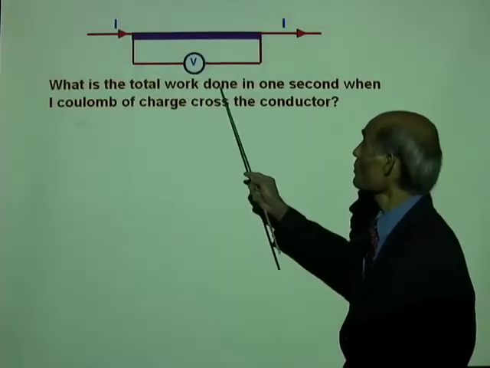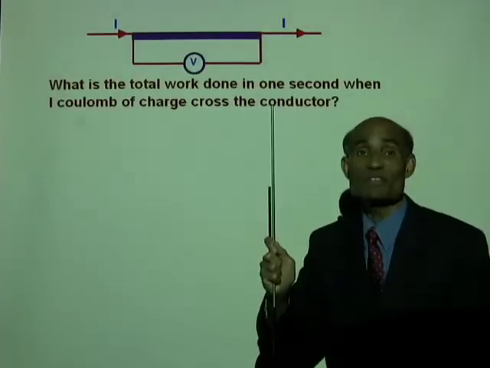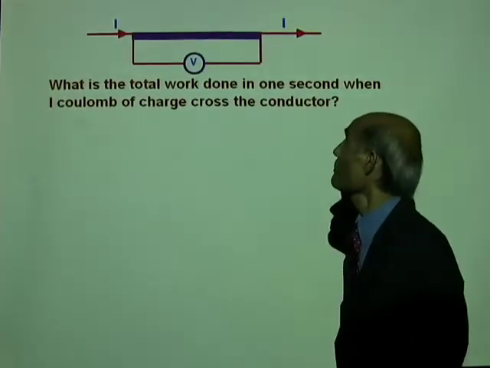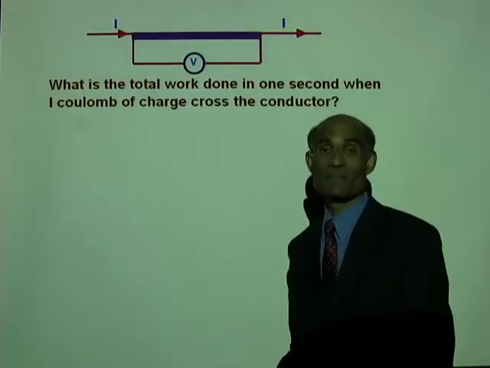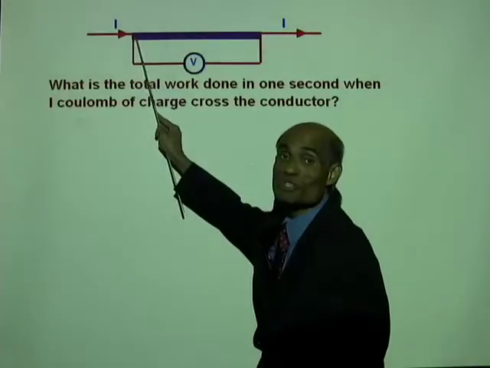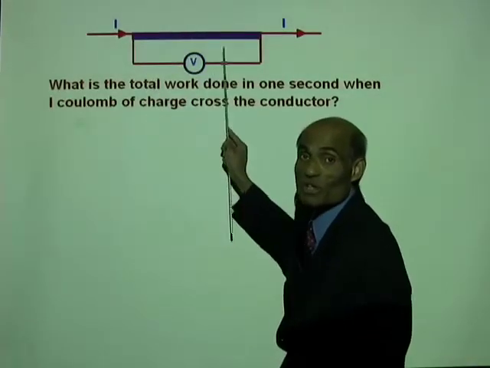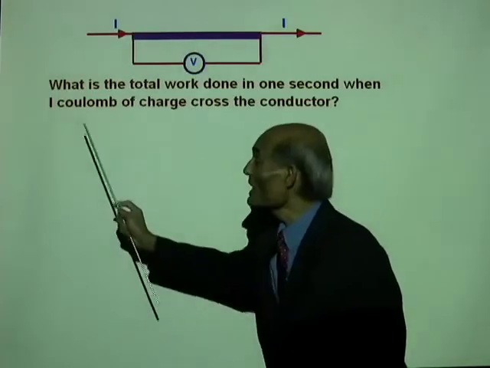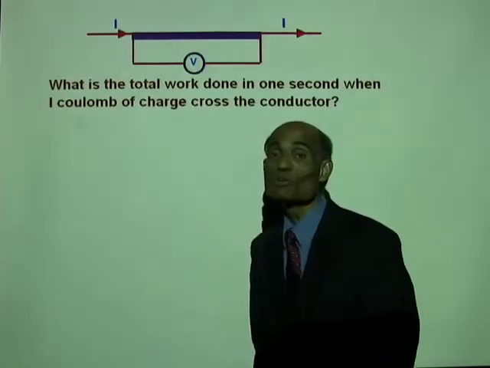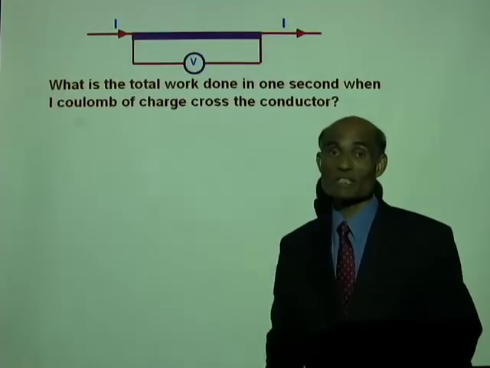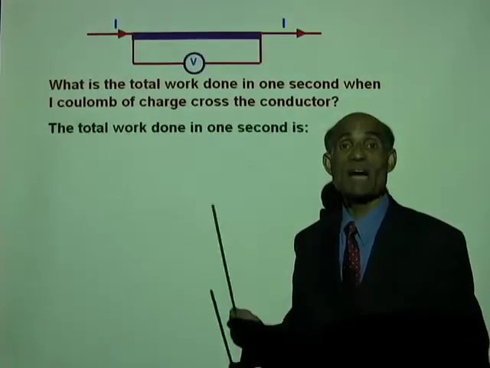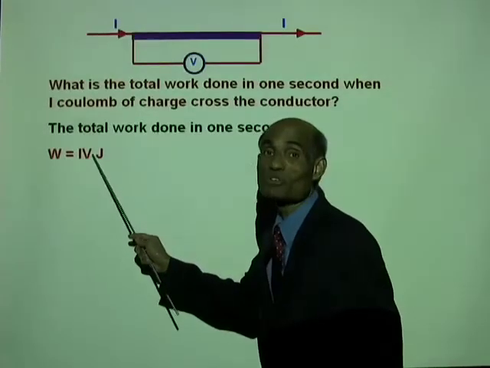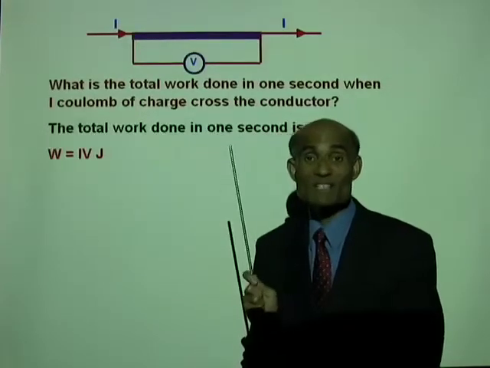For 1 coulomb of charge passing through the conductor, the work done is V joules. Therefore, if I coulombs of charge pass through the conductor, the work done will be I times V joules. And this is the work done in 1 second.